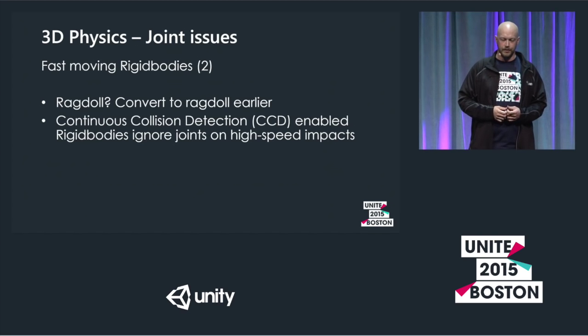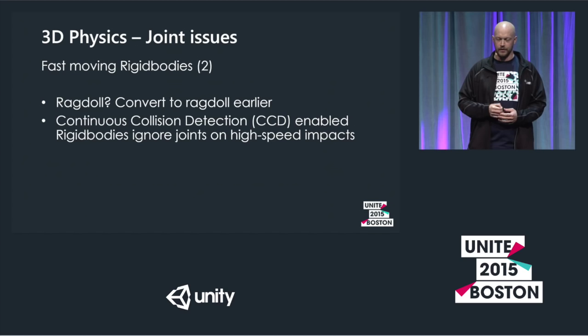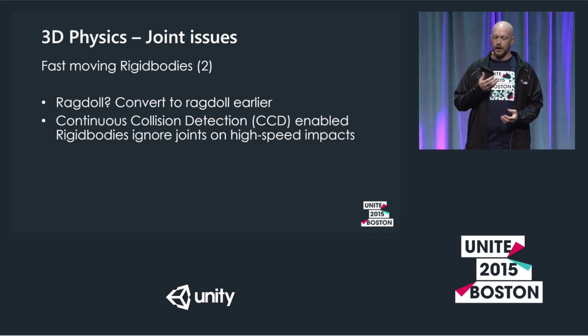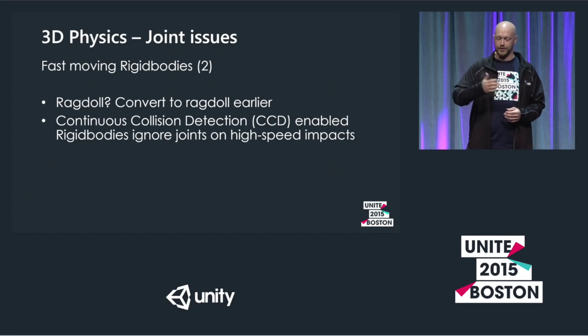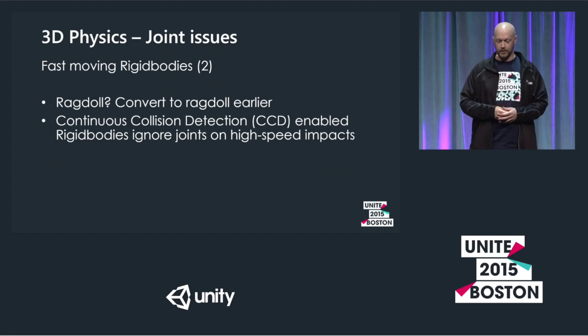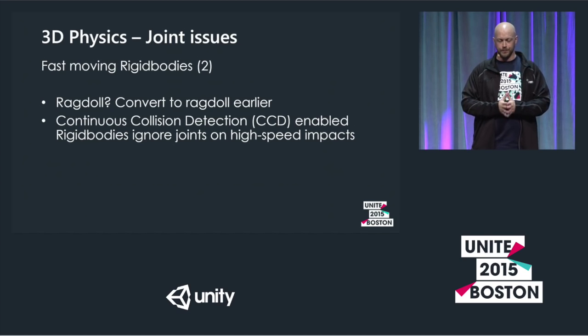A way you can do this is to make some hidden triggers on your characters that detect walls, or you can have your walls with an extra thick trigger on top of them that can trigger your guy to go ragdoll. Because if he is moving really fast, probably you cannot see that there is a fixed update difference, but it will make a difference to your game because people won't actually tunnel through walls.